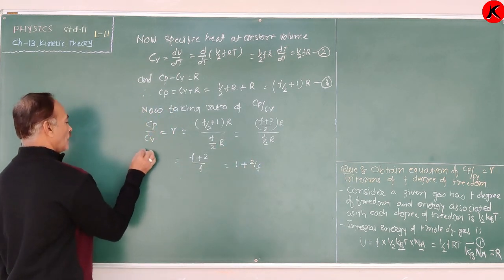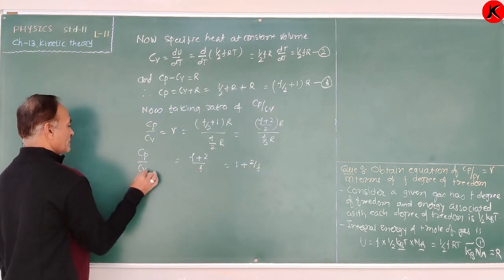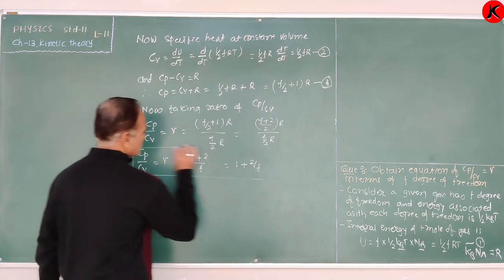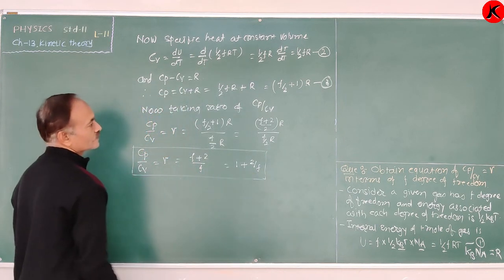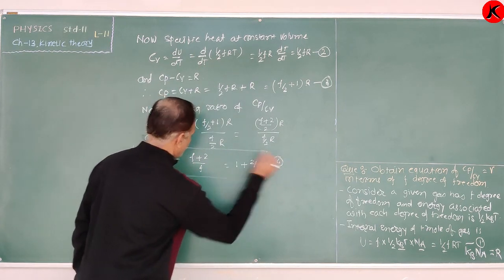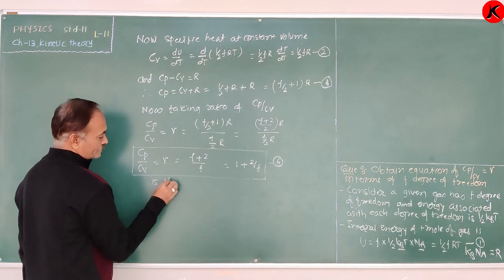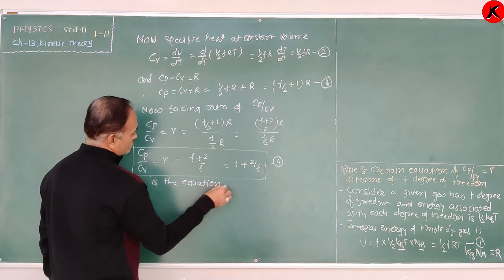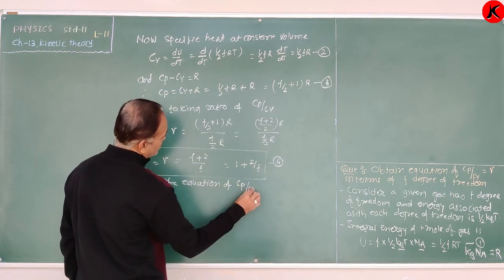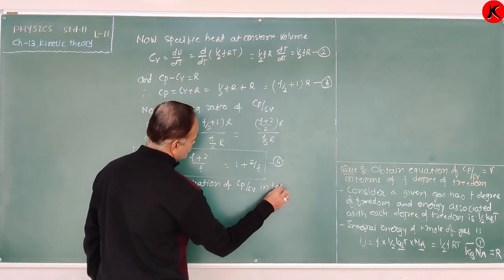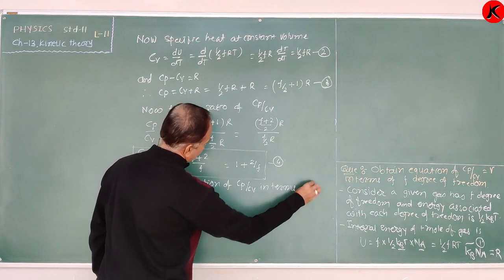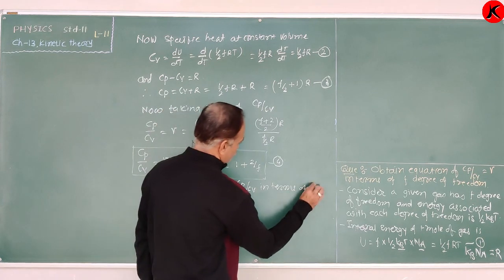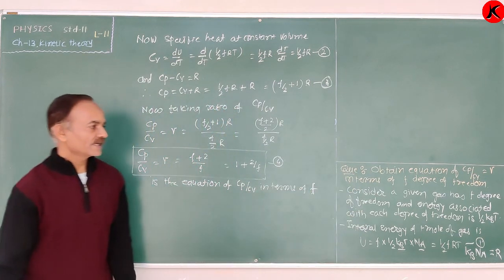That is the equation of Cp upon Cv, that is gamma, for a gas having the degree of freedom F. So it's the equation of Cp upon Cv in terms of the degree of freedom F. Clear it?